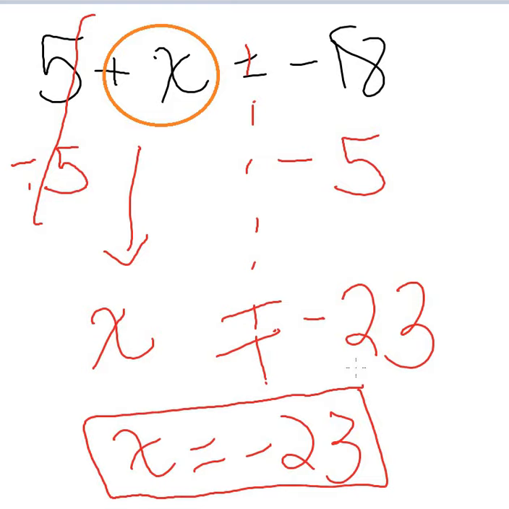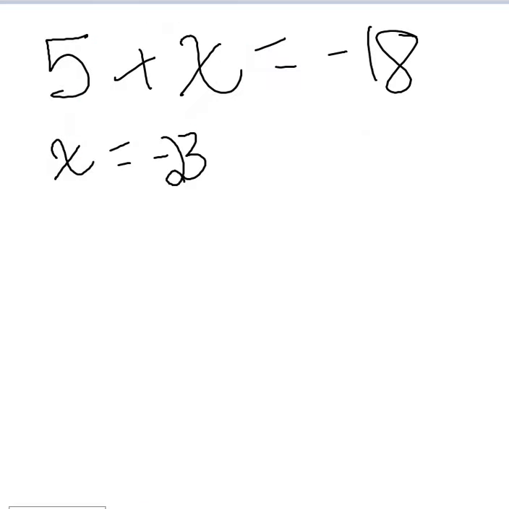Now, are we done? No, we have to do what we call a check. For a check, we plug this number back into our original equation. We have 5 plus x equals negative 18, and we found that x equals negative 23.